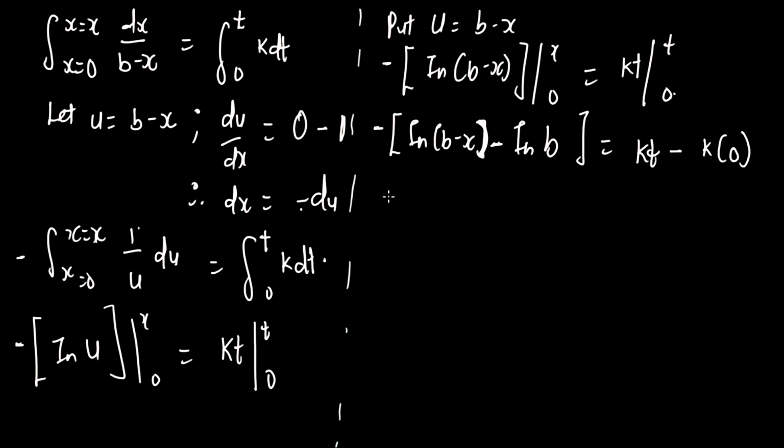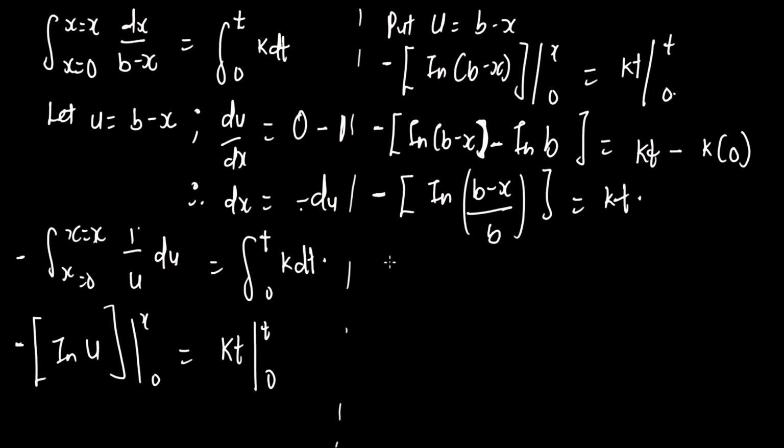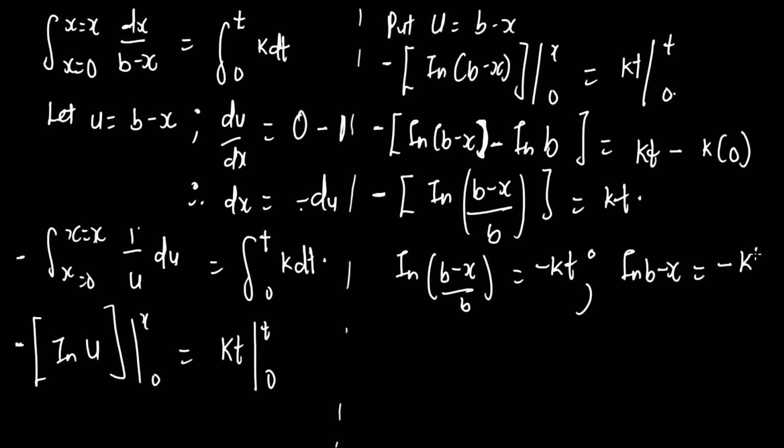So we can say that negative ln((b minus x) over b) equals kt. So we can therefore say that ln((b minus x) over b) equals negative kt. So therefore we have that ln(b minus x) equals minus kt plus ln b.